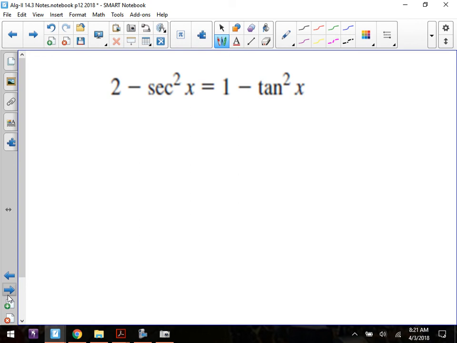I just want to see if you guys can figure it out. All right. Well, obviously, I can't. If I start going into this too far, 2 minus secant squared doesn't get me anywhere, because if I bring over the secant to here, I get 1 minus secant squared, and that would equal a negative tangent squared.